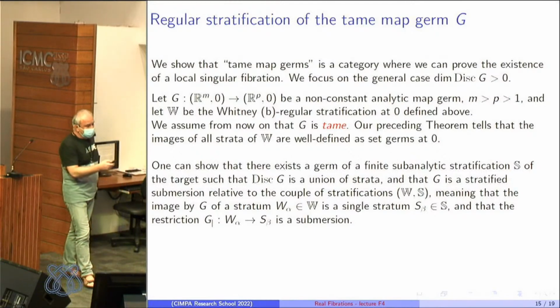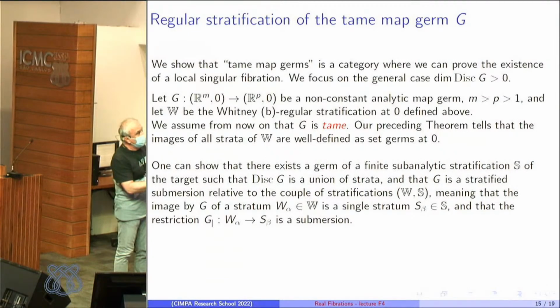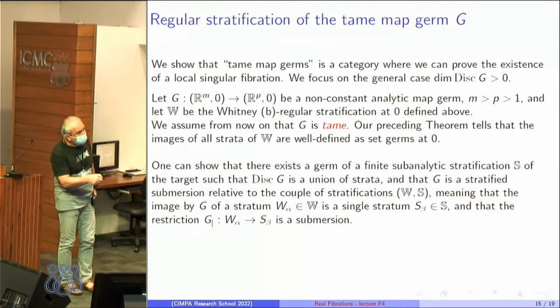And when you do that, you can do it in such a way that if you look at the discriminant set, you get that this one is the union of strata. And more important, G is a stratified submersion.